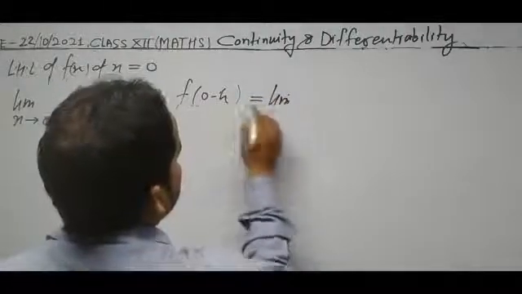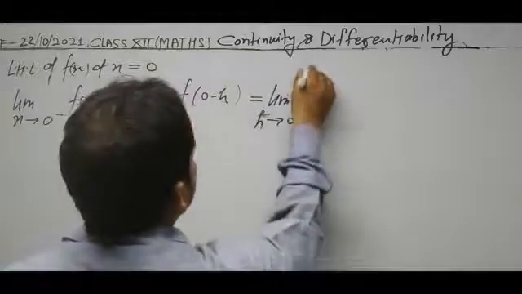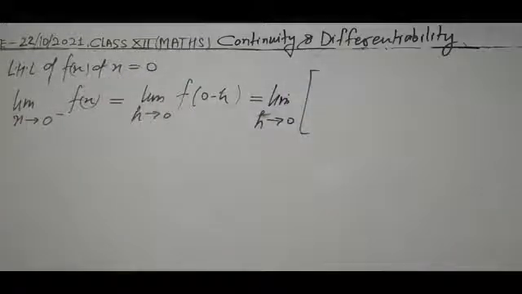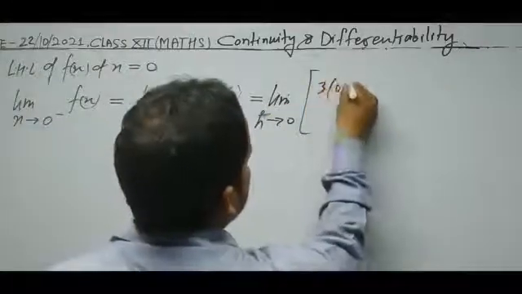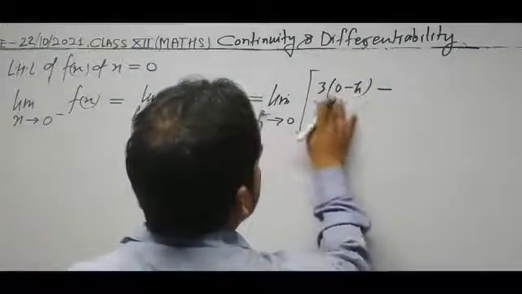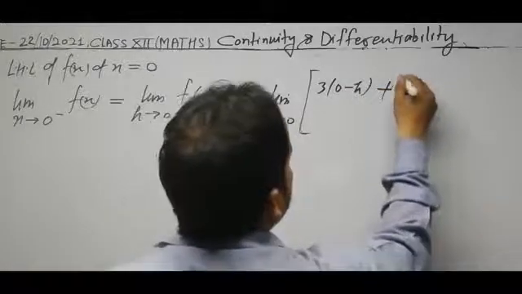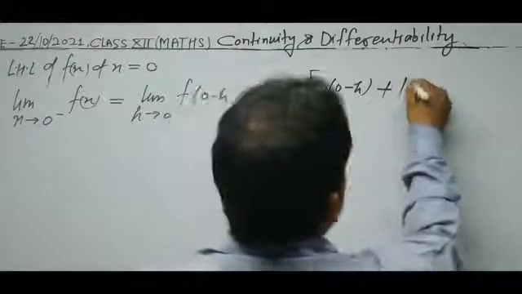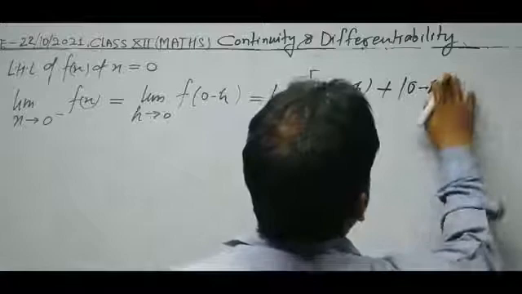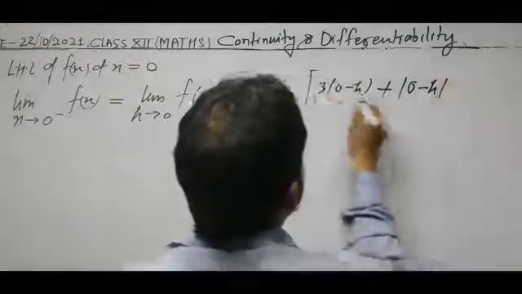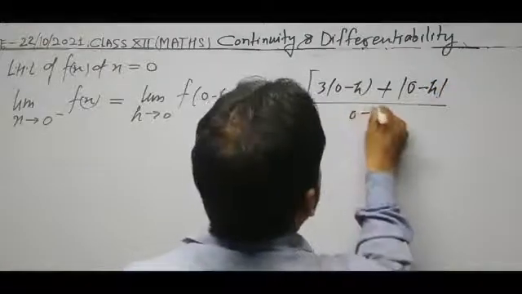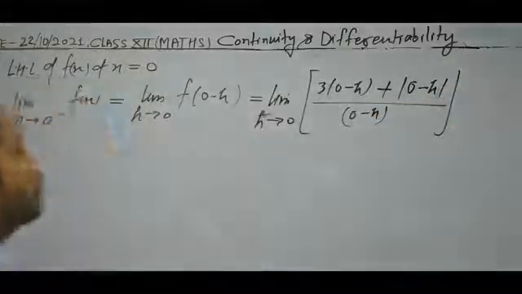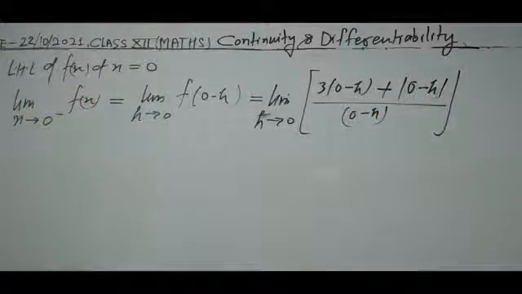We can write limit h tends to 0 of 3(0 - h) + |0 - h|, whole upon (0 - h).